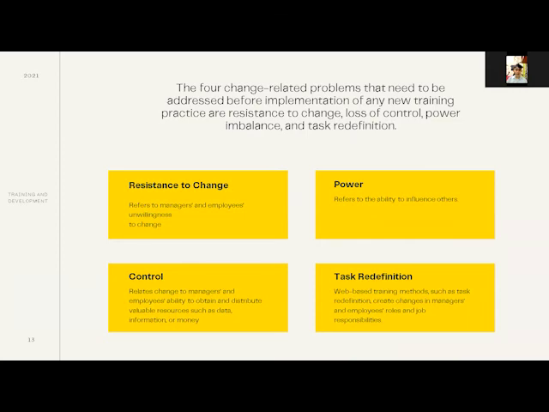Second, power refers to the ability to influence others. So if there's an imbalance of power or there's no ability to influence others, then you might as well do things on your own, or rather not.